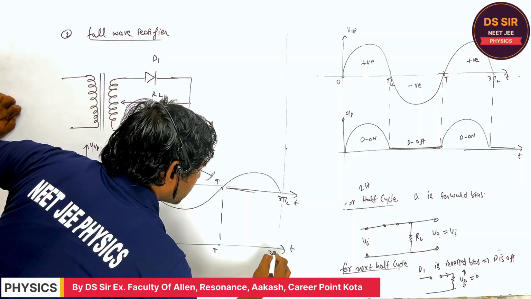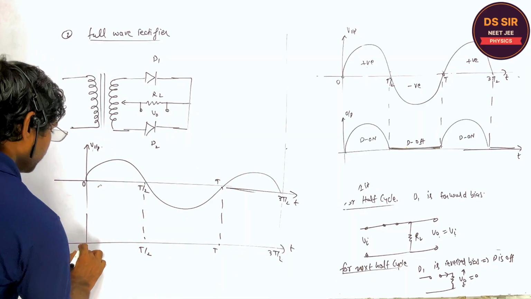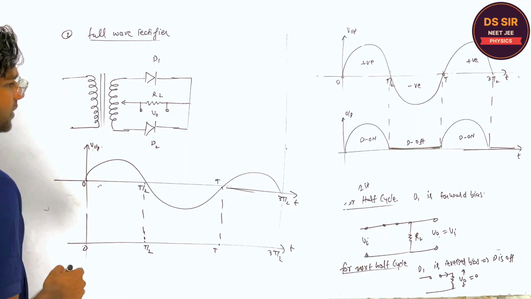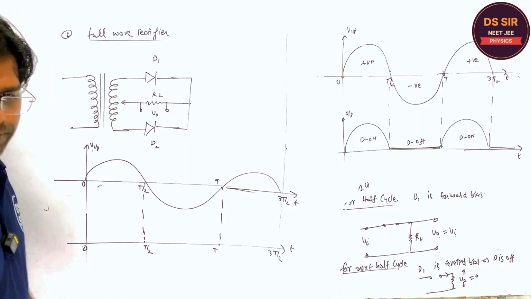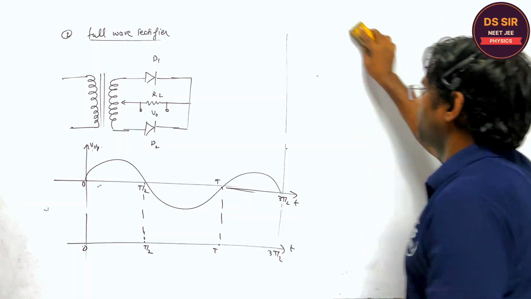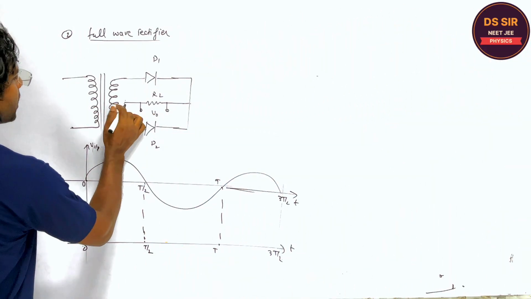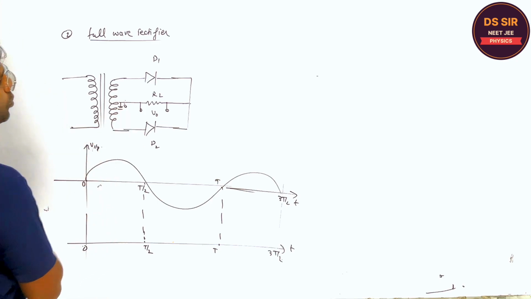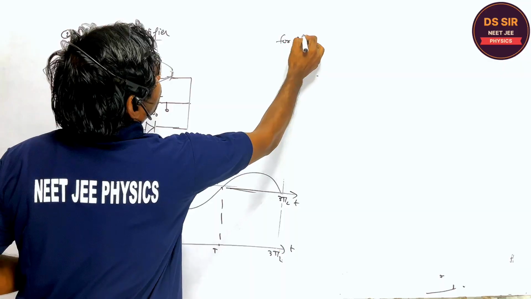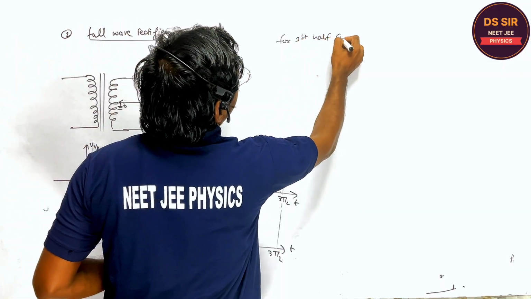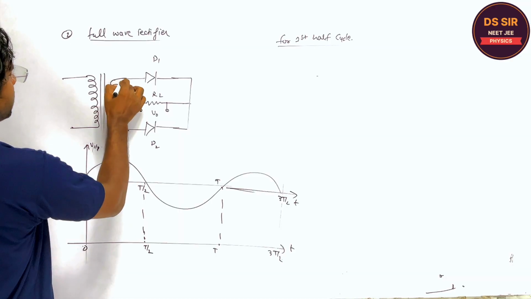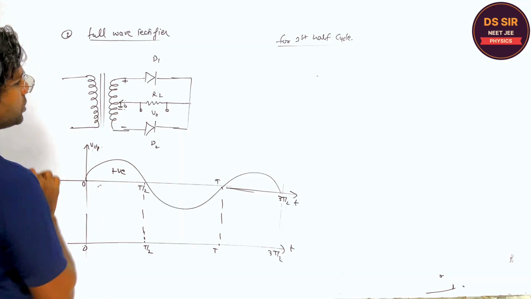This is the center tap transformer. Listen, this terminal is assumed to be 0. For the first half cycle, this is positive, this is negative, and this is 0.